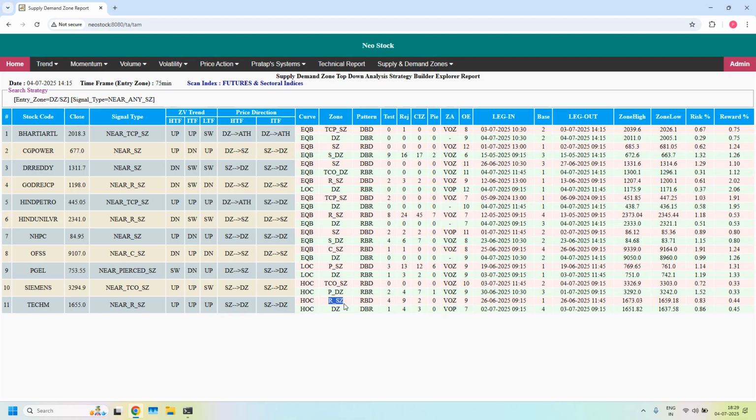So we have identified 5 valid 75 minutes high liquidity supply zones from this list. Okay, this is about HLQ zone identification from daily and 75 minutes time frames. We have completed. Next, we will generate NIFTY and BANKNIFTY supply demand zone chain reports.